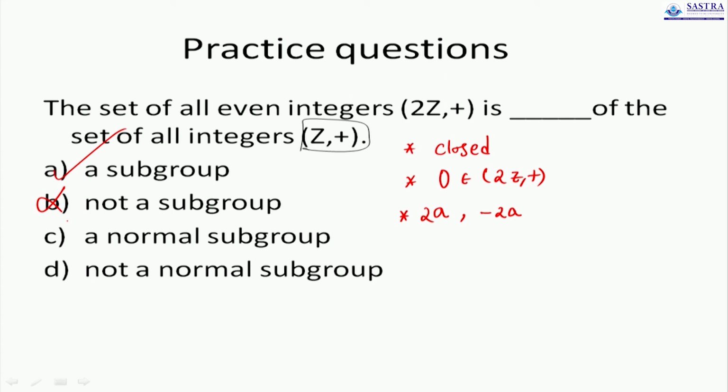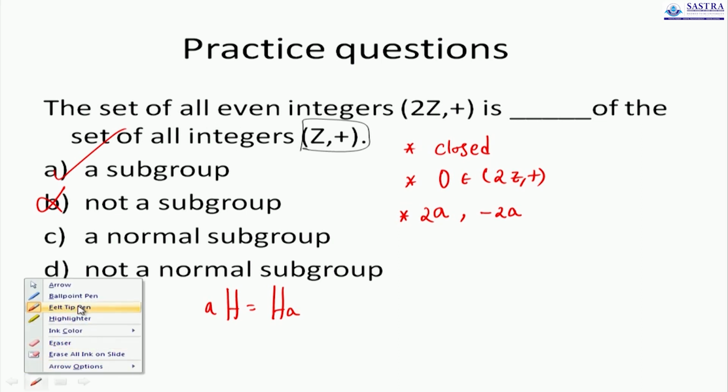Now can it be a normal subgroup? Recall that a subgroup becomes normal only when every left coset is also a right coset. Now we may not have enough time to list all cosets of 2Z plus, but we can use a property of groups which are abelian.